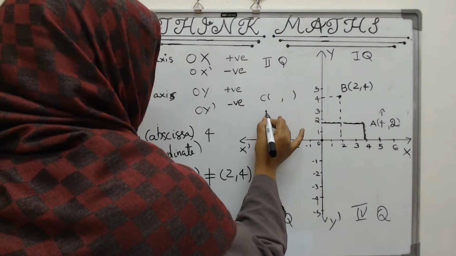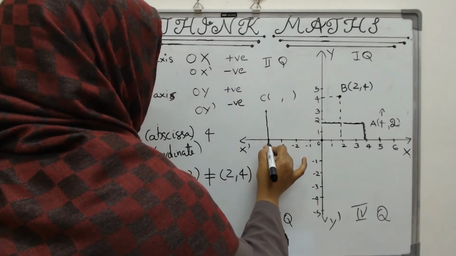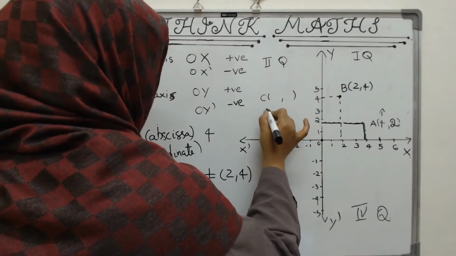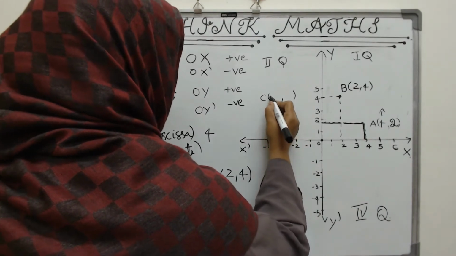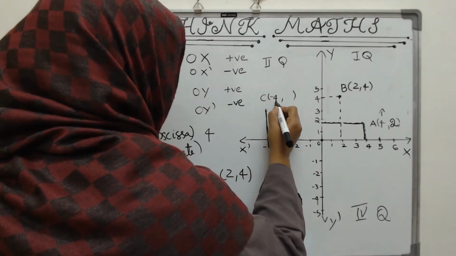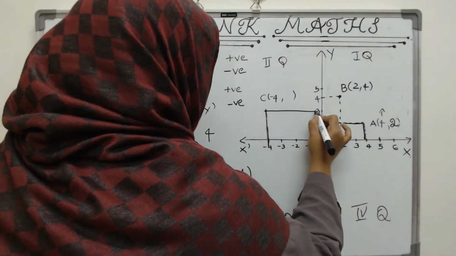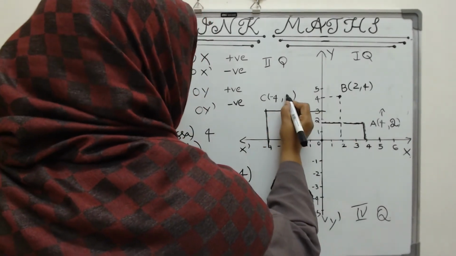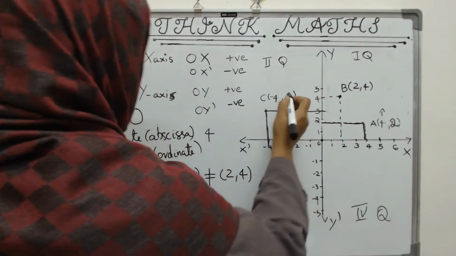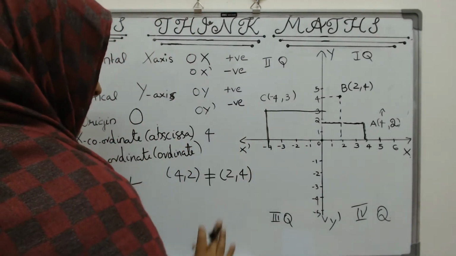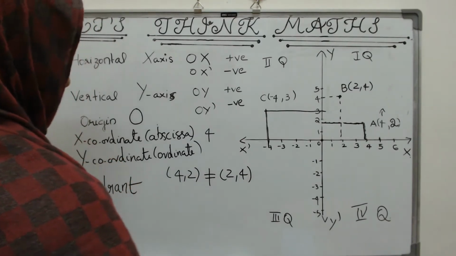I have to draw a line and see where it meets the x-axis. So I see that it is meeting it at minus 4. And then I have to draw a line to the y-axis and see where it meets. I see that it has met at 3. So the abscissa will be negative and the ordinate will be positive.